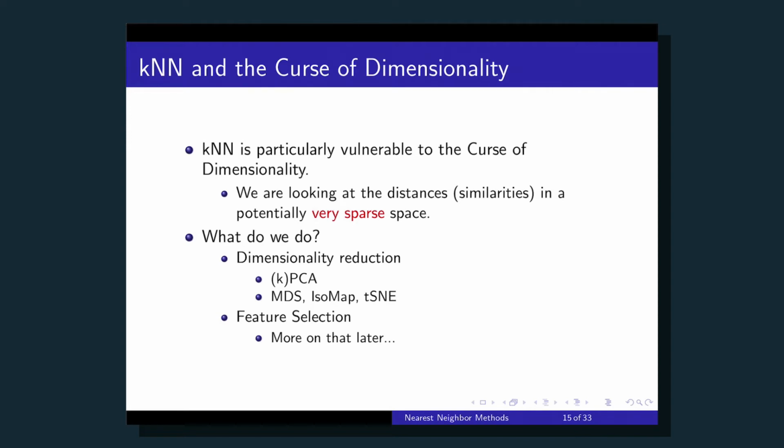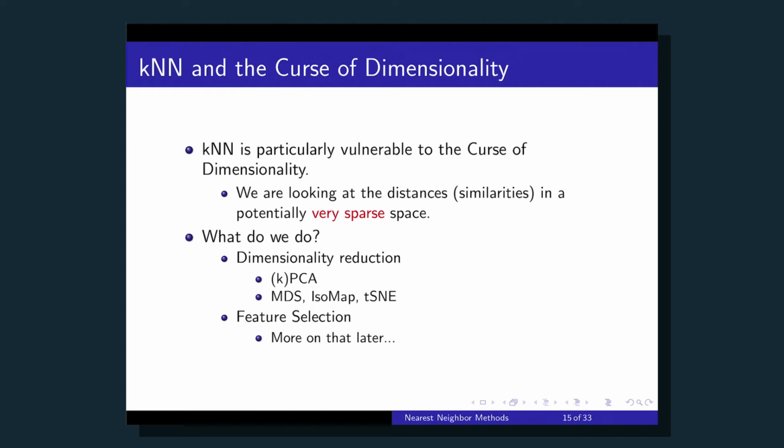So you might be looking at distances in a potentially very sparse space. So what can you do? We've seen some of the things we can do. You can take that high dimensional space and reduce it, by looking at the distribution, to a lower dimensional space like we did with PCA or kernel PCA. We haven't talked about it, but I'll put links in the course on explanations of these.